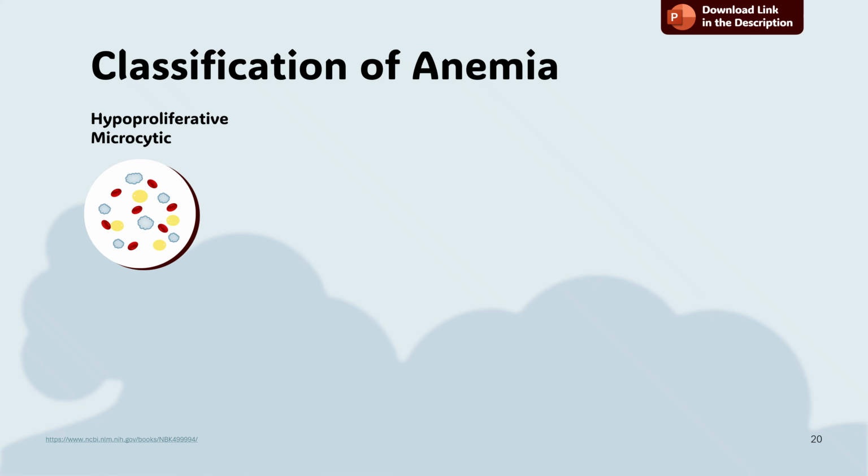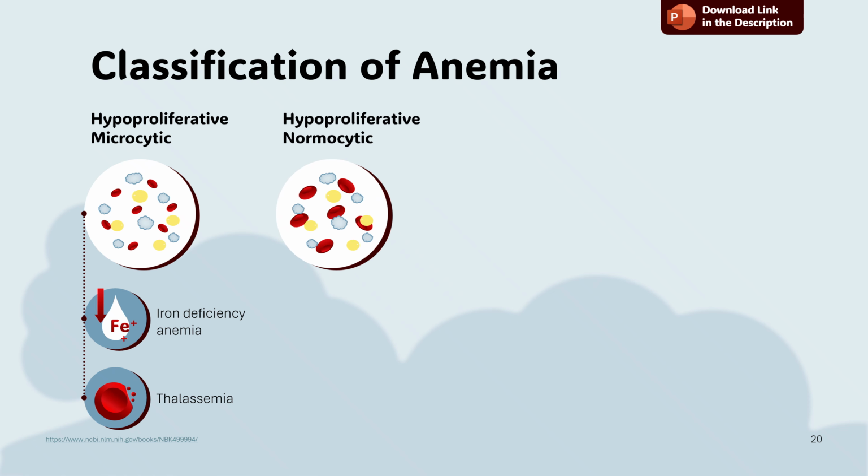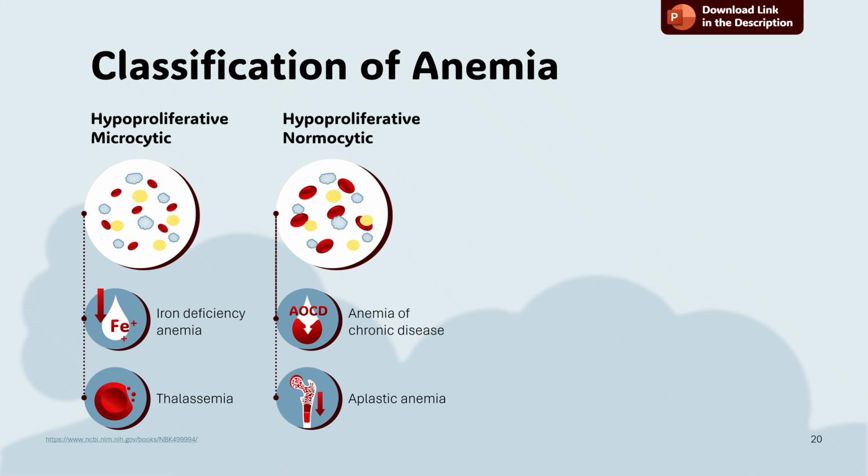First, hypoproliferative microcytic anemias, featuring small RBCs, include iron deficiency, the most common global cause, and thalassemias with their characteristic hemoglobinopathies. Next, hypoproliferative normocytic anemias encompass anemia of chronic disease, driven by inflammatory cytokines, and aplastic anemia from bone marrow failure.